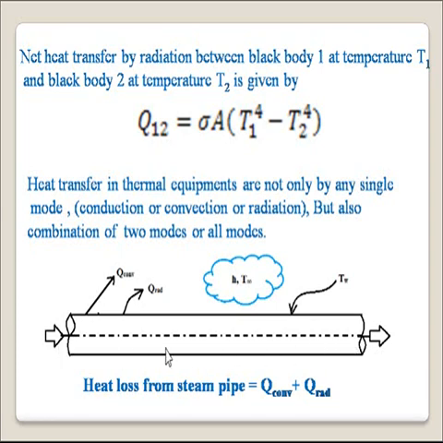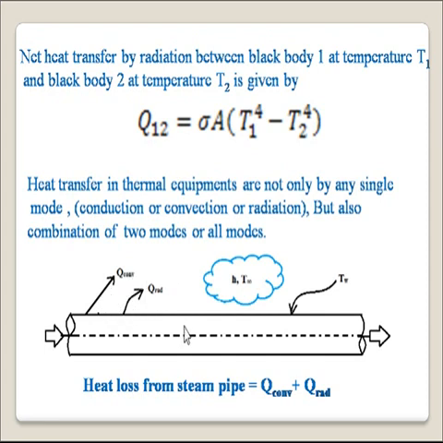So heat of steam is transferred to the inside of the pipe by convection. Then heat is conducted through the wall of the pipe and appears on the outer surface of the pipe, and then it is lost to the surrounding by radiation and convection.